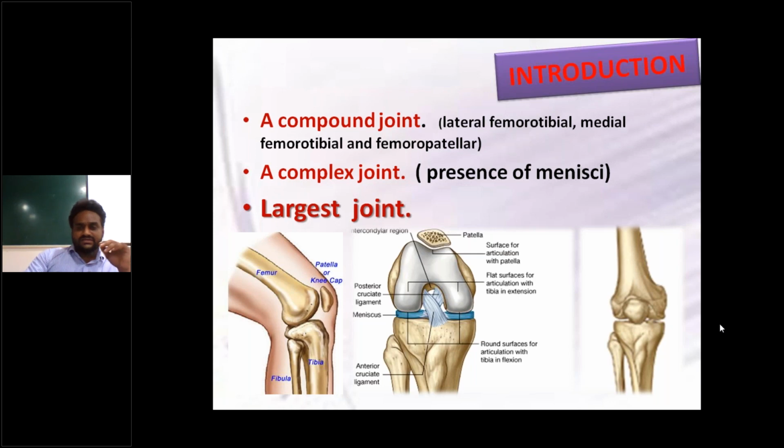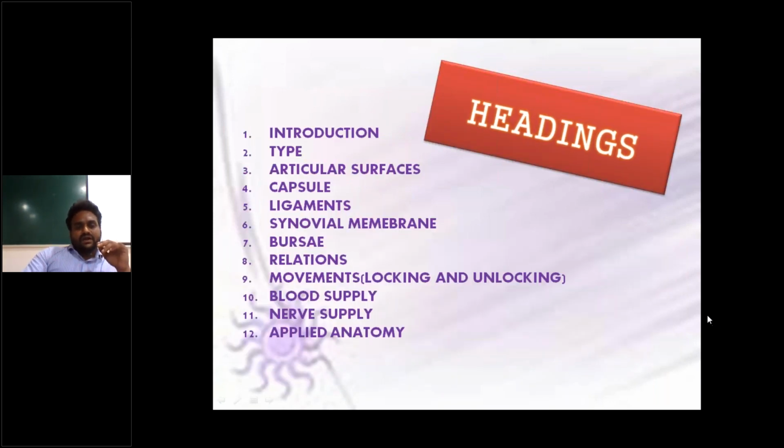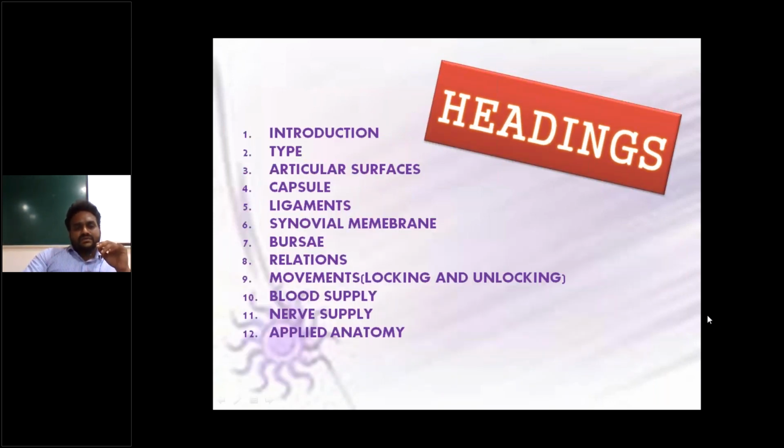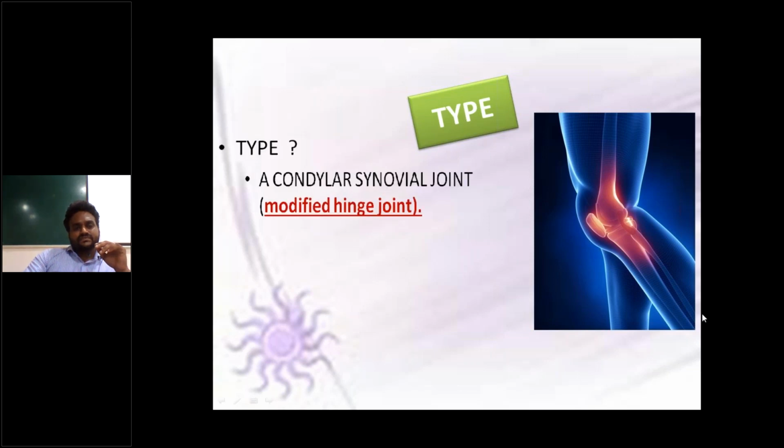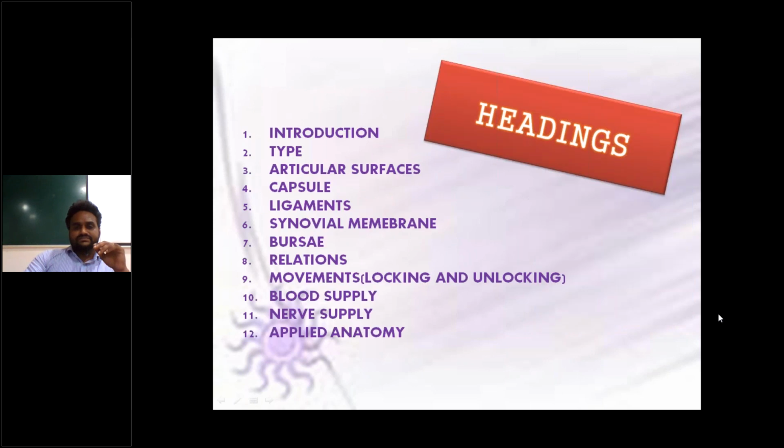You remember these three. Type: this is the condylar synovial joint, modified hinge joint.